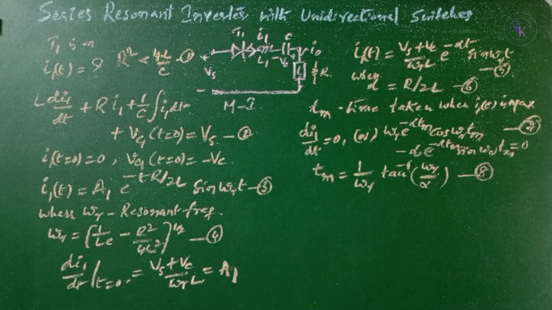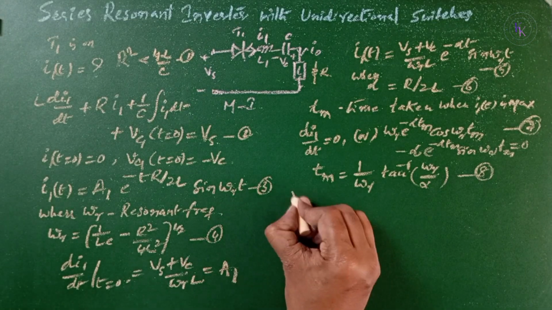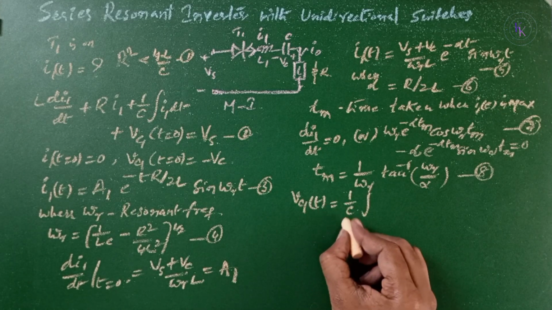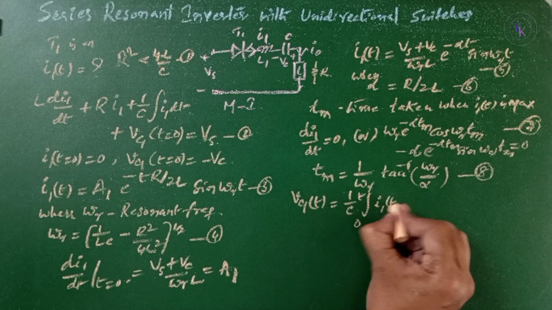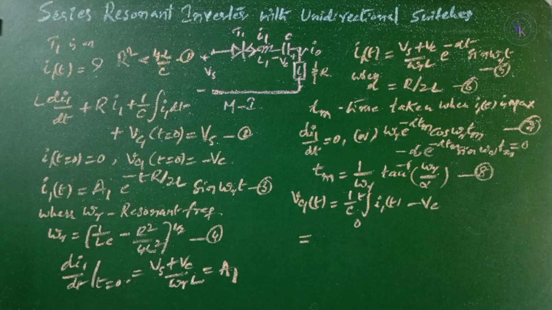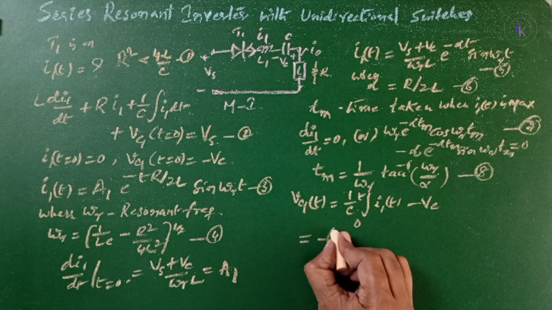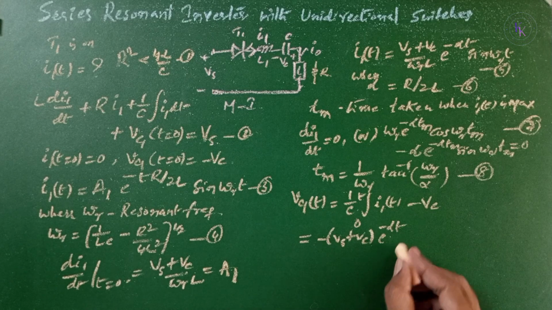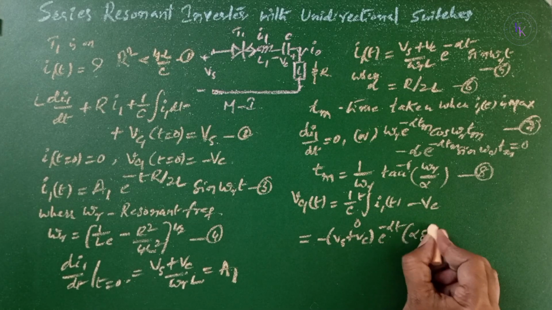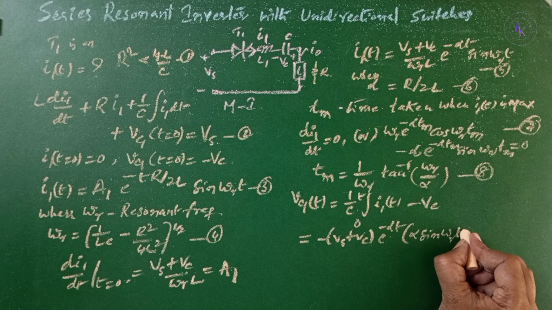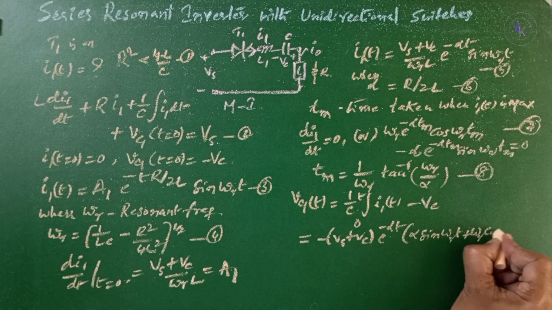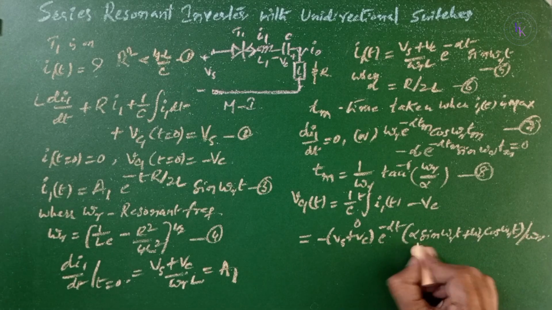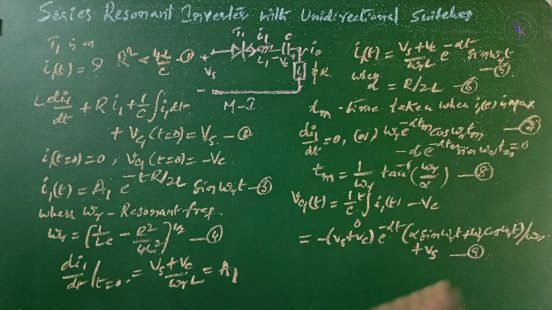The capacitor voltage can be found by Vc1(t) equals 1 by C integral 0 to t of i1 dt minus Vc, which equals minus (Vs plus Vc) e to the power of minus alpha t times (alpha sine omega R t plus omega R cos omega R t) divided by omega R, plus Vs. Let it be equation number 9.